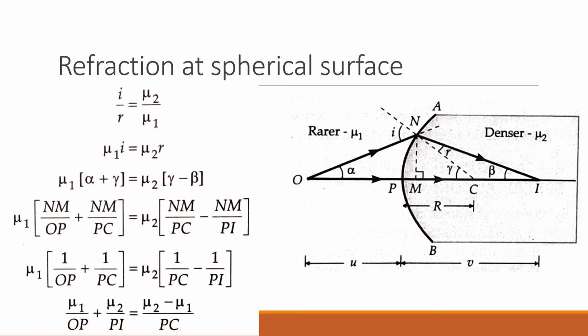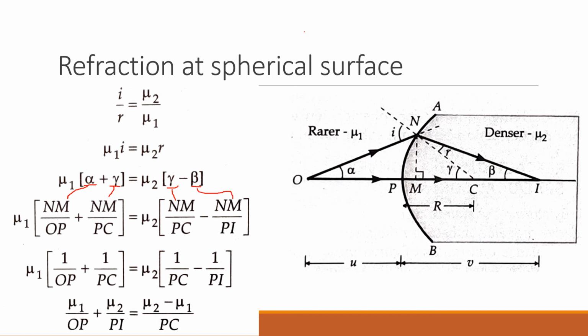Now, according to our assumptions, I can write alpha as Nm by OP, gamma as Nm by PC, and beta as Nm by Pi.